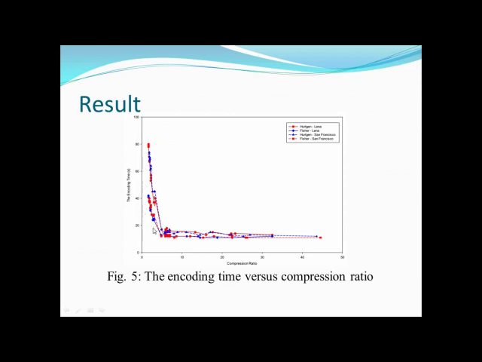But in the area where the compression ratio is high, you can see the encoding time of both methods is quite the same, because when the compression ratio is high, the number of comparisons to find the best domain is small, so the encoding time does not depend much on this number of comparisons. It depends on the speed of the DSP.